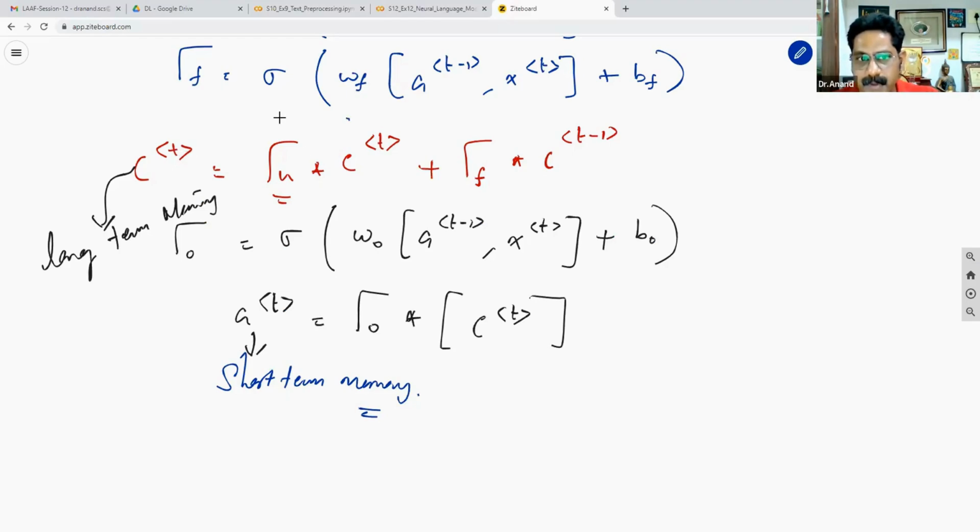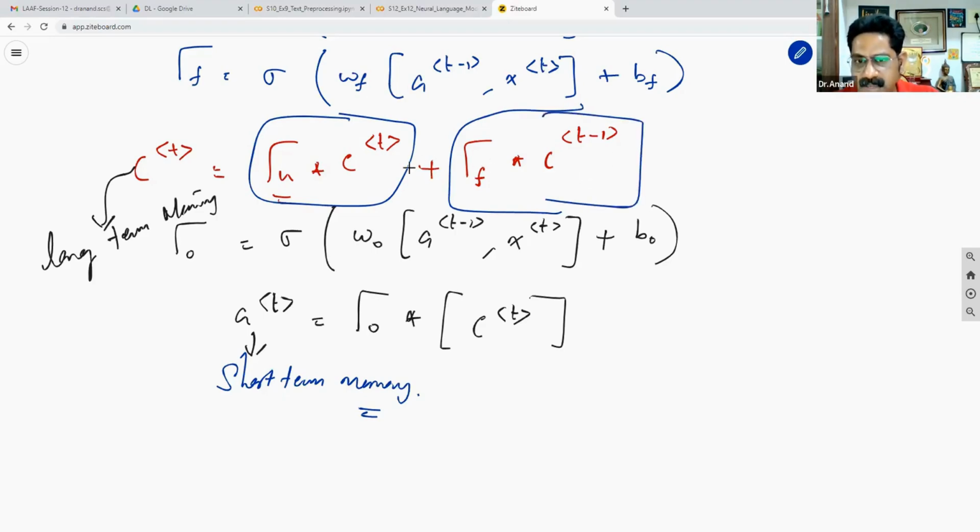For CT, every time we update, how much weightage I should give for the current, how much importance I should give for the current, and how much portion I should forget for the past. So one side you keep track of your long-term memory, another side you keep track of your short-term memory using different dedicated weights.